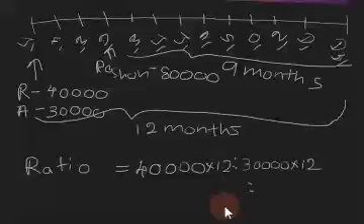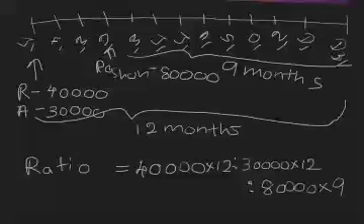Here I don't have enough space, that's why I went to the next line, but you don't do that. Write in the same line. Last one, Roshan invested 80,000 but only for 9 months. Now you can simplify.